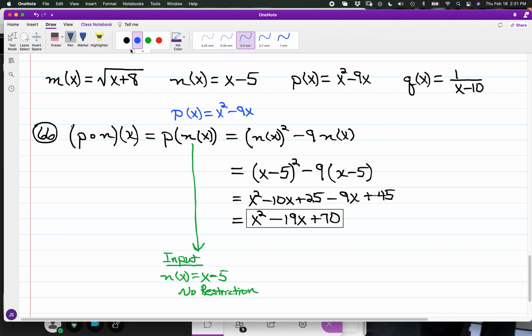And with the output, that is the composition itself, x squared minus 19x plus 70, again you don't have a fraction or an even root radical. Also no restriction.